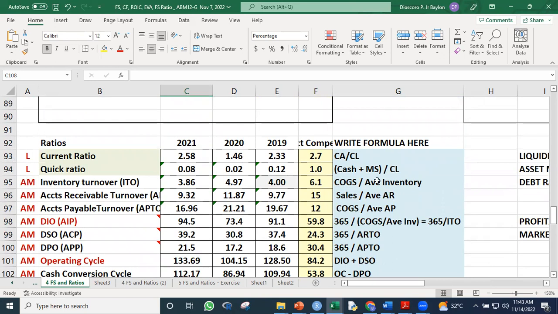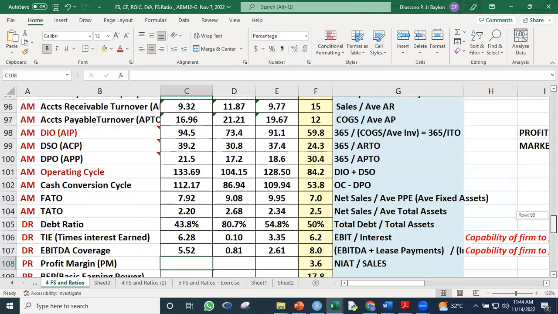Okay, bakit natin ina-average to? Kasi these are point-in-time figures. No? Si inventory, kung gagamitin mo lang si inventory ng December 31, that's the inventory at that point in time. No? Pero si cost of goods sold for the whole year. Okay, so mas magandang ina-average natin. In fact, kung may monthly average, mas maganda yun. Kasi it will cover the months.